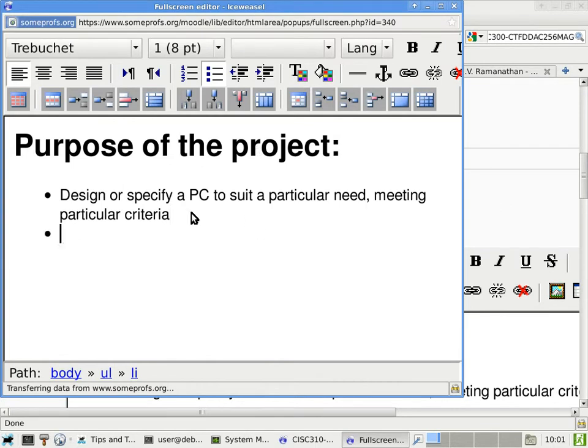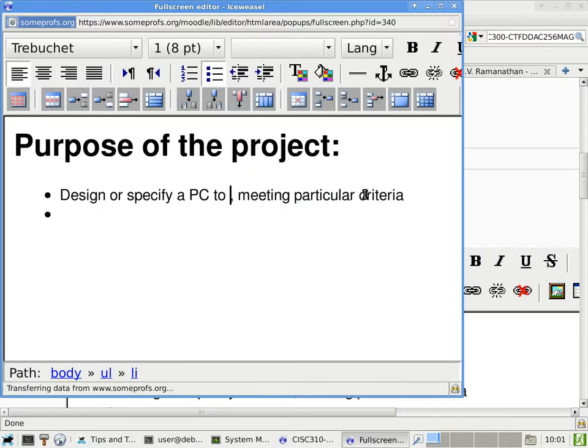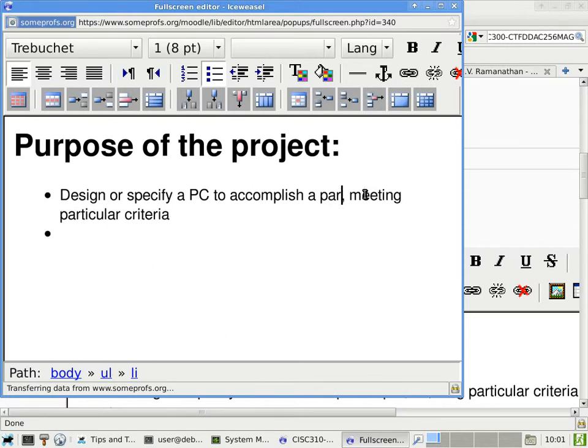Does everybody understand the difference between a need and particular criteria? Okay, so we have objectives and criteria. Objectives and criteria can be conflicting.